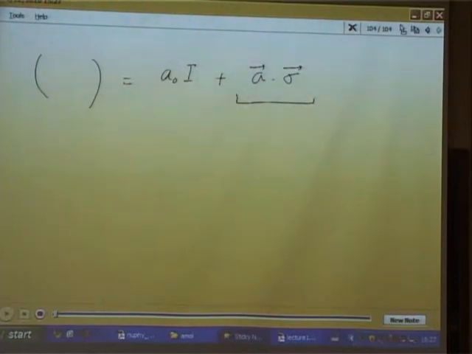So if I have a 2 by 2 Hermitian matrix, I can always write it as some a0 times the identity matrix plus a vector times sigma. SU2 transformations are transformations that take place due to this. So we are not changing the trace of the matrix, and changing the trace would change the probability.